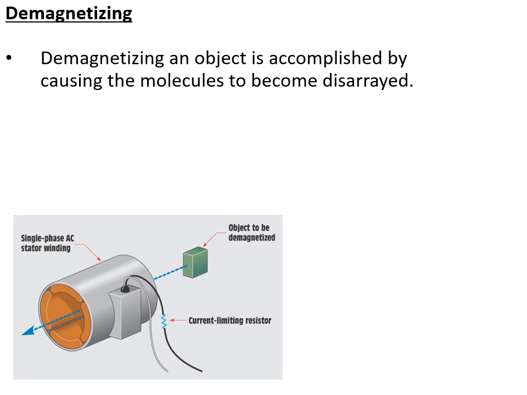Since a field is going back and forth, you can take your magnetized object and put it in the alternating field. The alternating field will then interact with the magnetized moments of the object and cause them to scatter and move about in disarray.